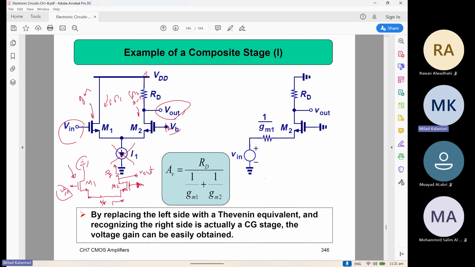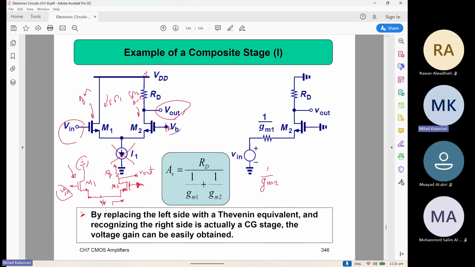Since we are looking into the source, the impedance is 1 over GM2.